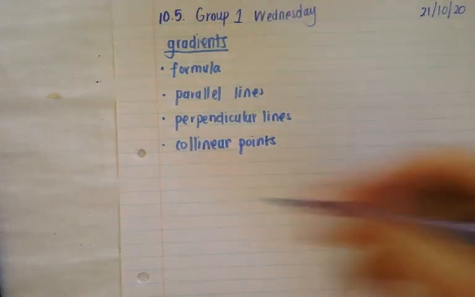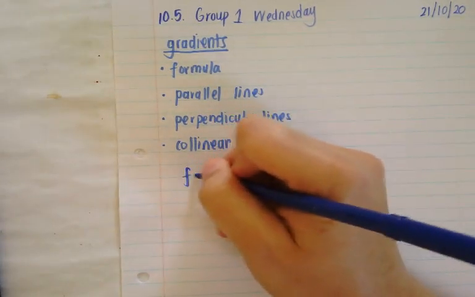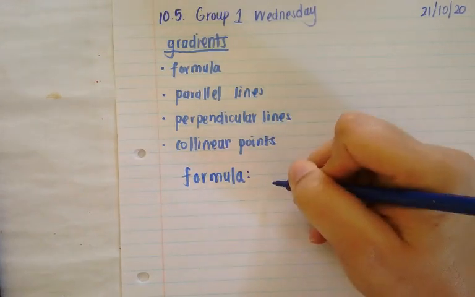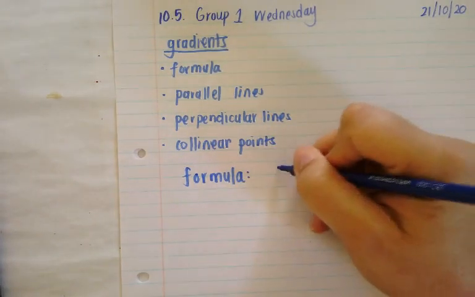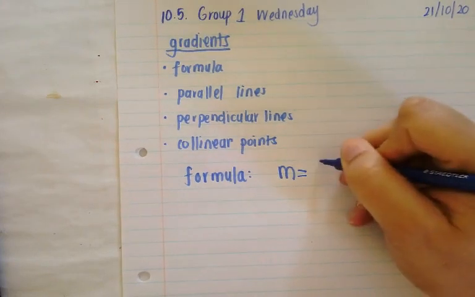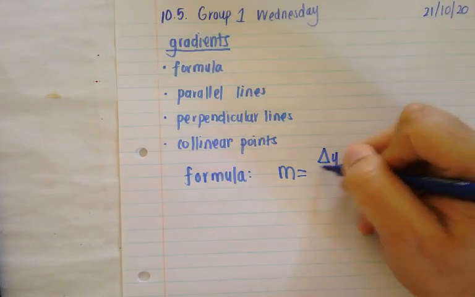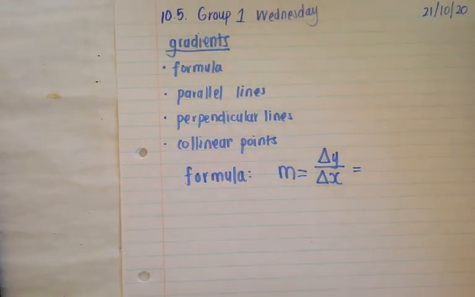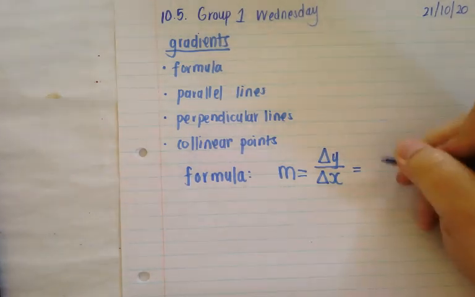So starting with my formula. My symbol for gradient is m, and we call it the growth of y, or the change of y in the growth or change of x, which is basically just the difference between two y values divided by the corresponding difference of two x values.